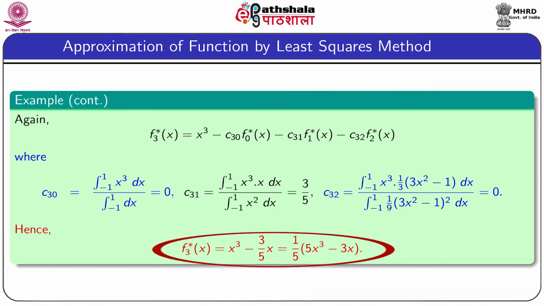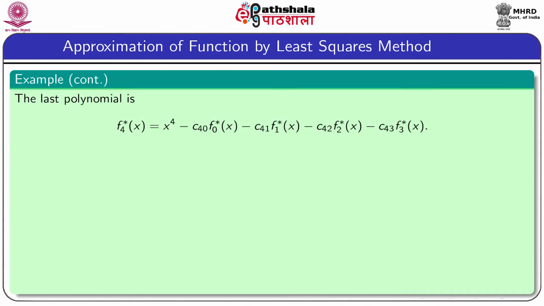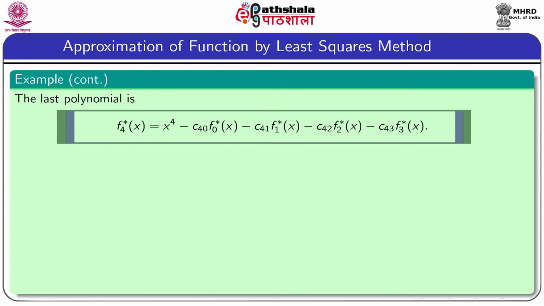Thus, f3 star x equal to x cube minus 3 by 5 x, which is equal to 1 by 5 into 5x cube minus 3x.